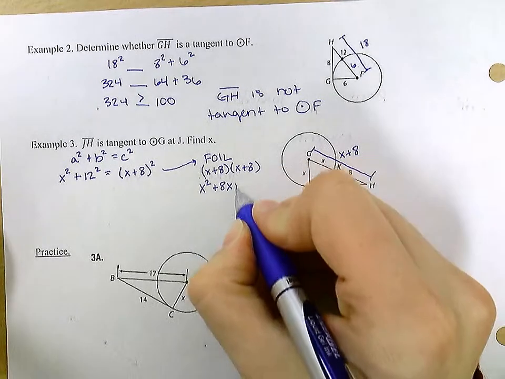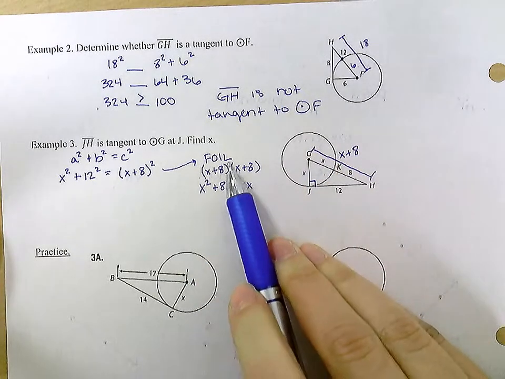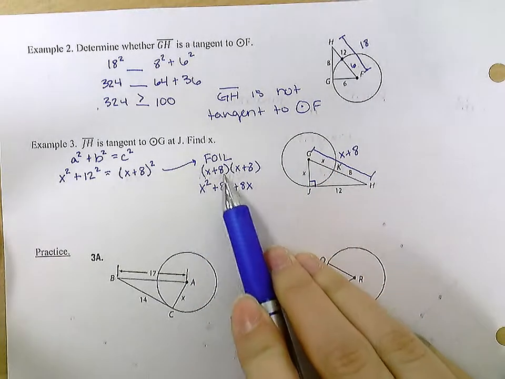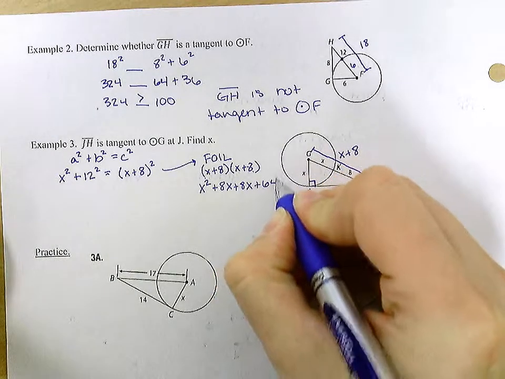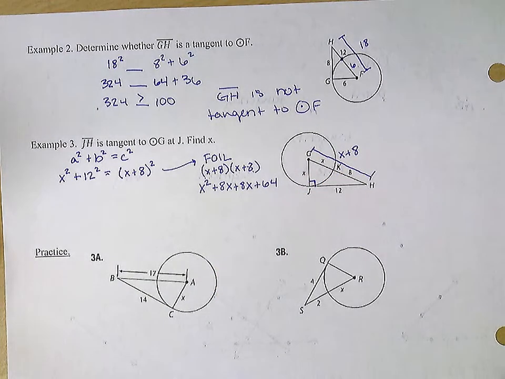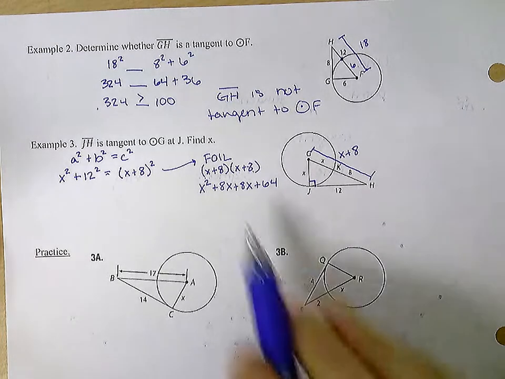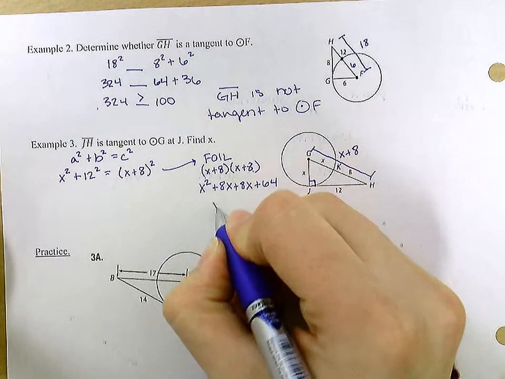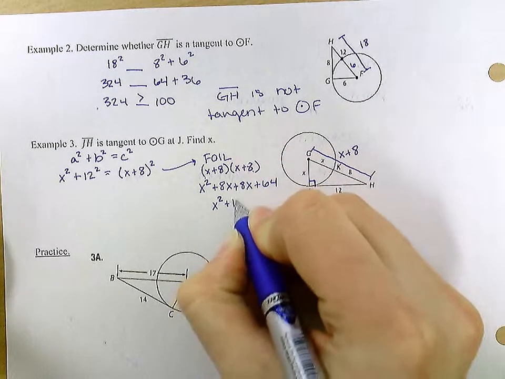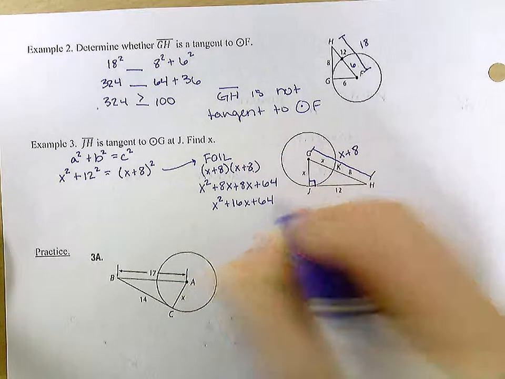Again, that's 8x. And then my last terms, multiply those two together. That's 8 times 8. That's 64. Okay, I can combine my like terms in the middle here. So we have x squared plus 16x plus 64.